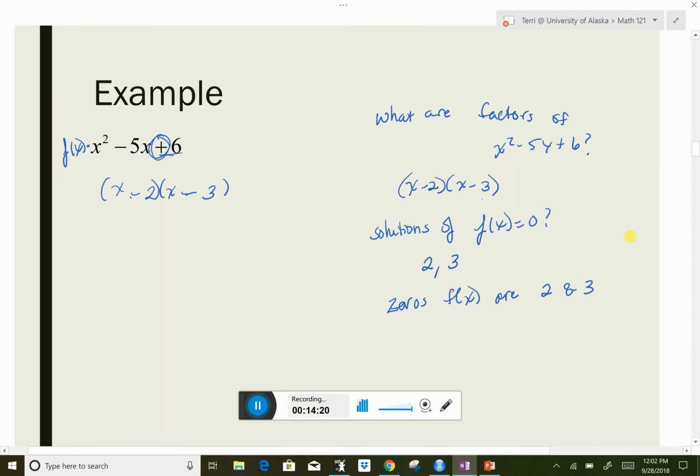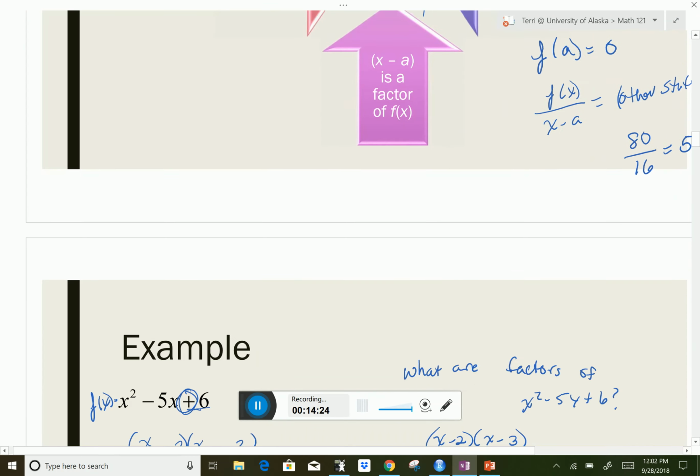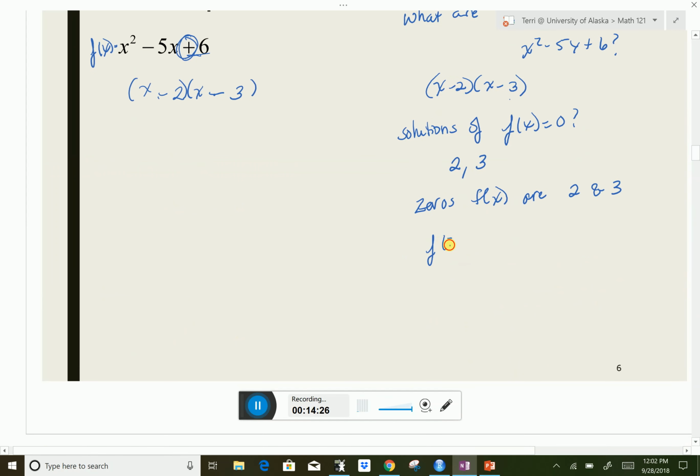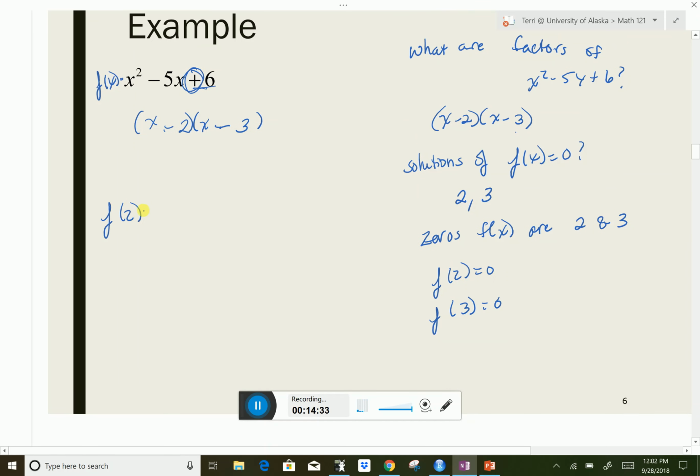So I could sit here and I could do all of these things. And f of 2 is 0, f of 3 is 0. And you can check that answer here. So f of 2, that would be 2 squared minus 5 times 2 plus 6. So 4 minus 12 plus 6 is 0.